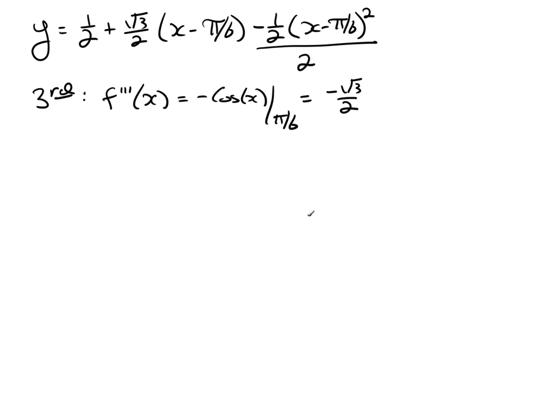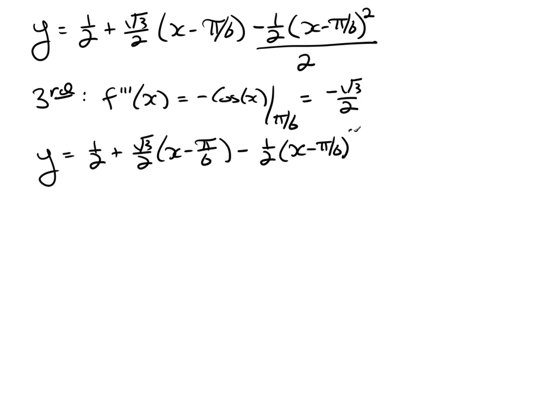So my third order would look like 1/2 plus root 3 over 2 times x minus pi over 6 minus 1/2 times x minus pi over 6 squared over 2 minus root 3 over 2 times x minus pi over 6 cubed.